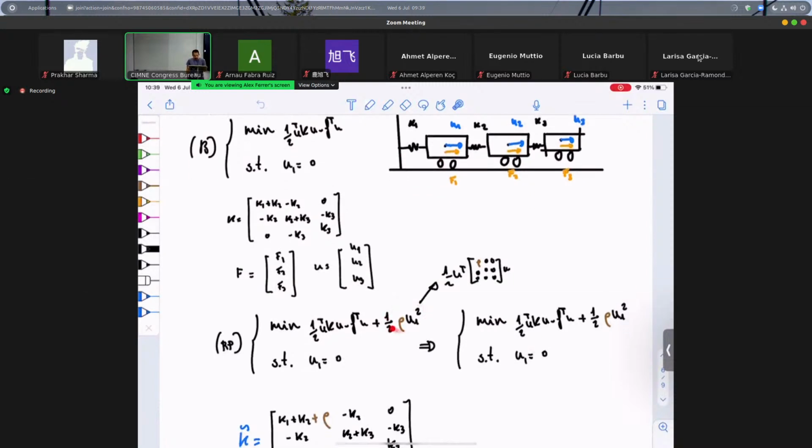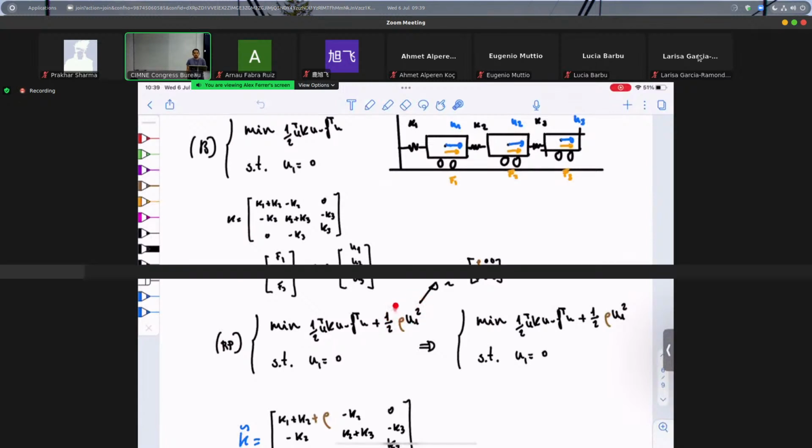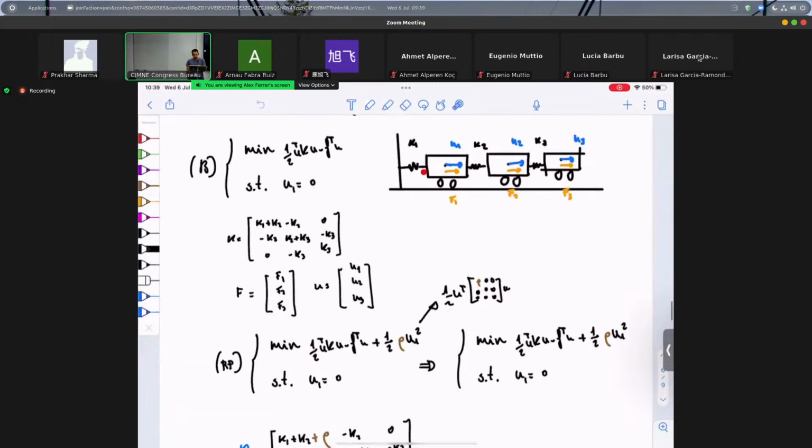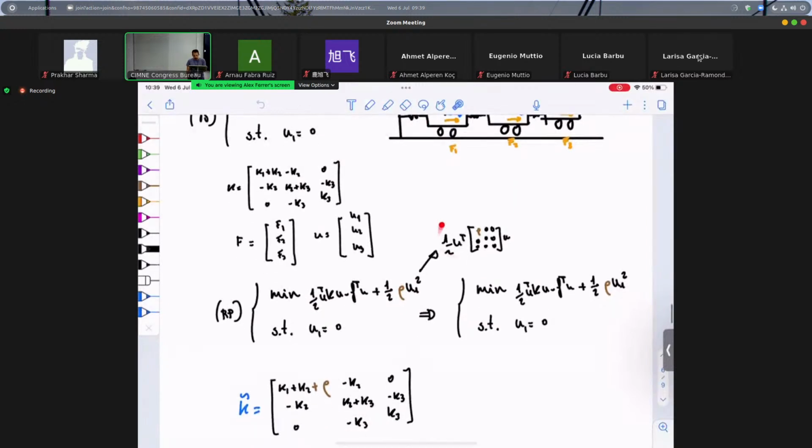If you add this penalty term, if you regularize with this, it's like adding a rho times a square. You regularize the constraint. You want this point to be fixed. Okay, so you regularize the constraint. Now it's like adding this term to the cost, but this term is very similar to the internal energy.